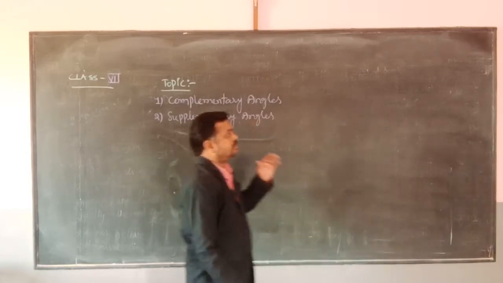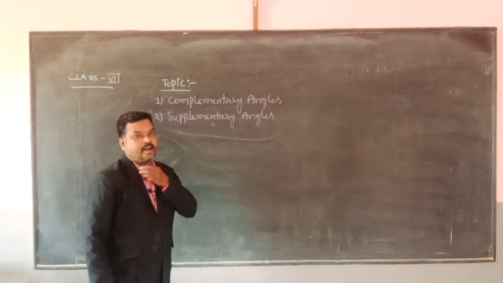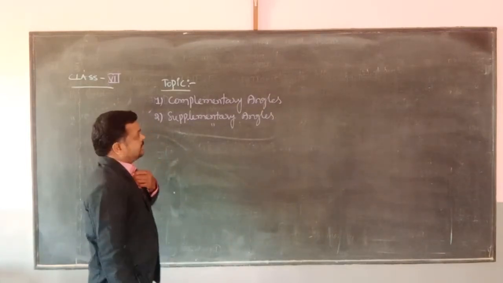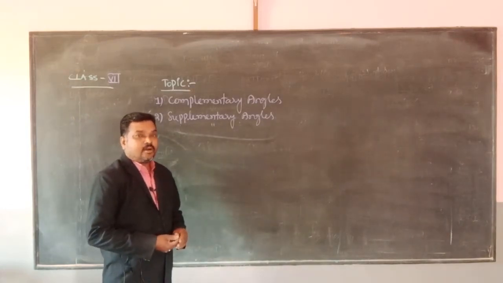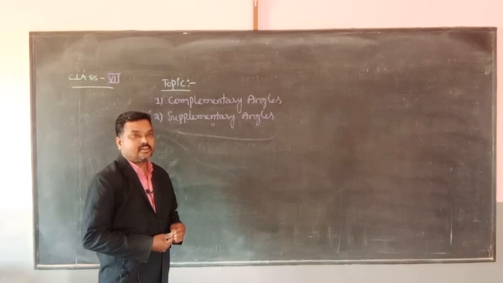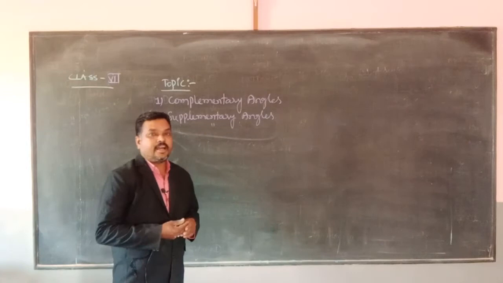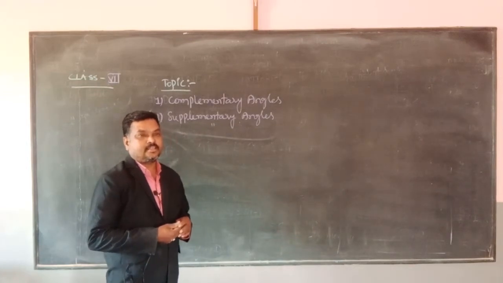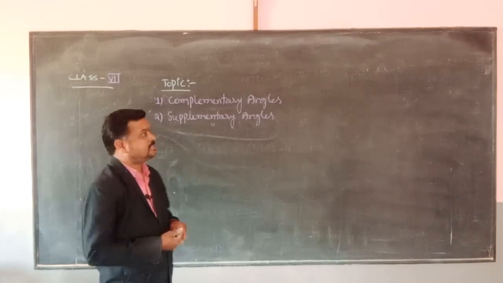First I am going to explain what complementary angles are. See, if the sum of any two angles is equal to 90 degrees or a right angle, such angles are called complementary angles.